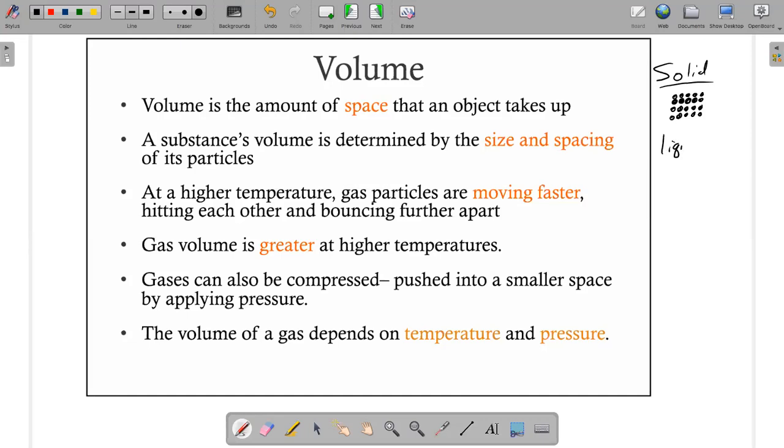Liquids have approximately the same density as solids as compared to gas, but in liquids the particles are more randomly arranged. They can move around relative to each other. So the fundamental difference between solids and liquids is that in liquids, the particles are free to move around. They take the shape of the container, but solids are usually fixed or rigid in size.